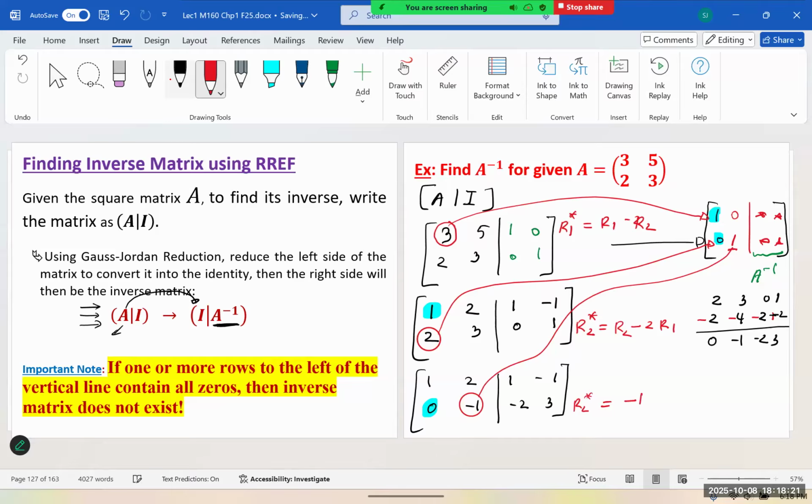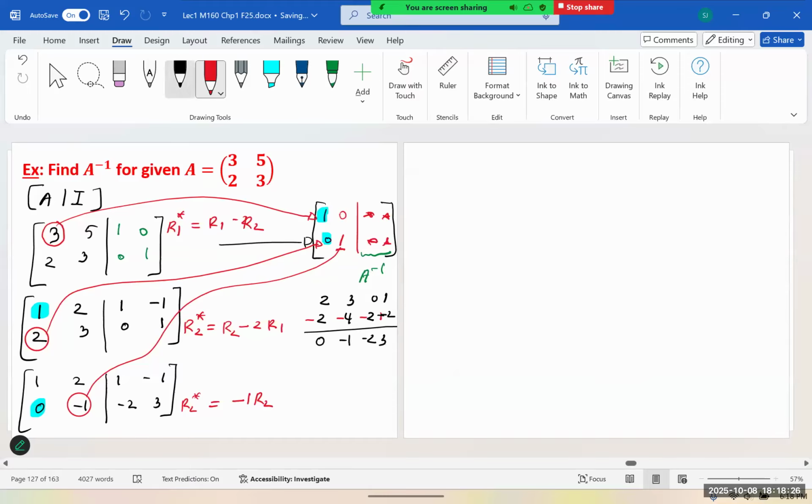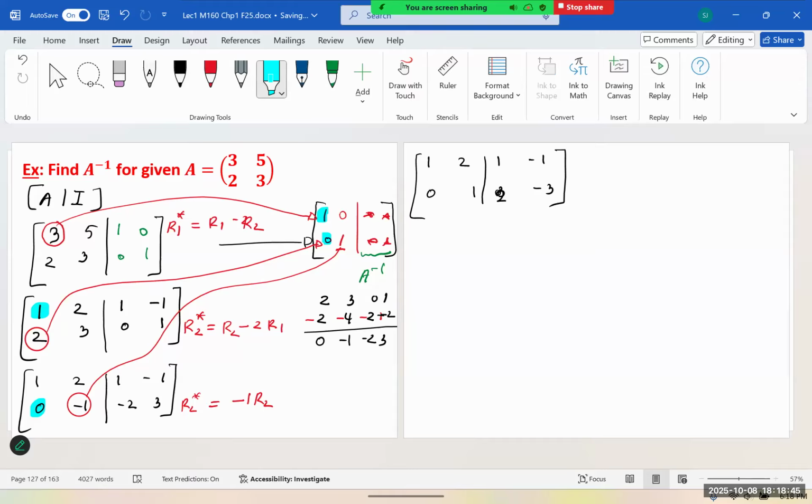So -1 R2. So we got 1, 2, 1, -1, 0, 1, 2, -3. We are very close. So the third one is also satisfied. We have 1, 0, 1, and we have 1, 0, 1. So all three we got it.